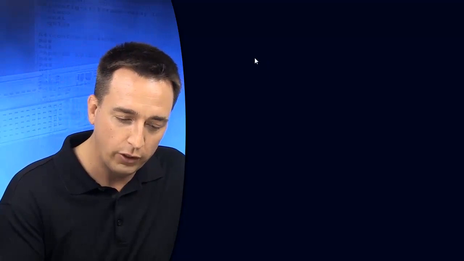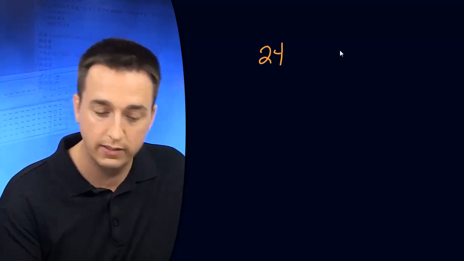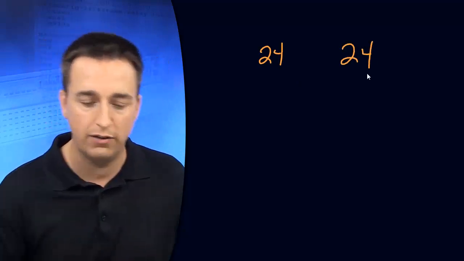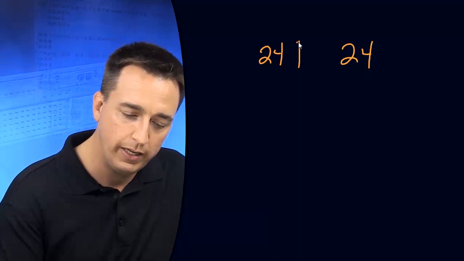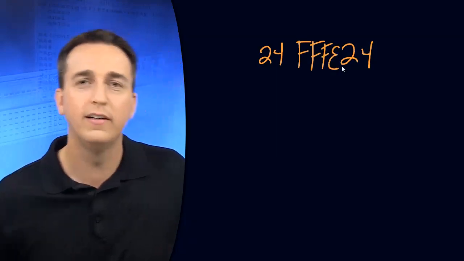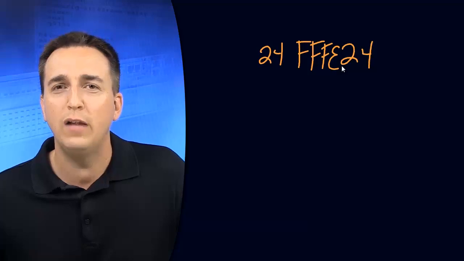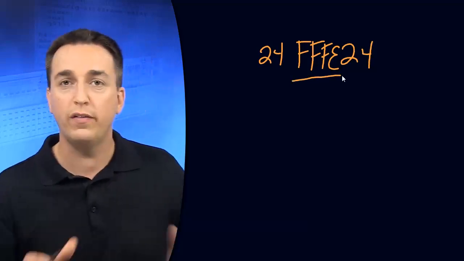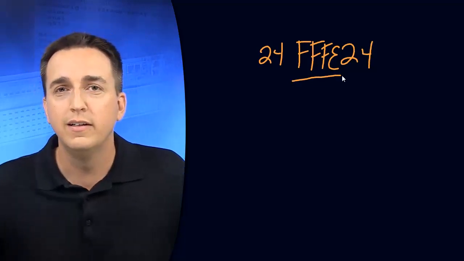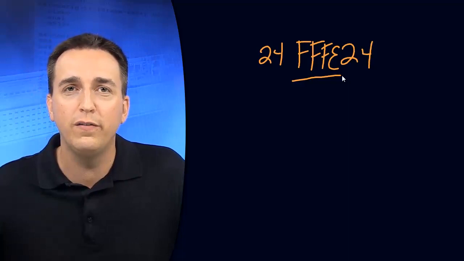So we'll have our first 24 bits of the MAC address and our latter 24 bits of the MAC address. It simply splits the MAC address in half, and then in between it fills it in with fluff. Why do I say fluff? Well, somebody once told me FFFE, which are the hexadecimal values that are put in between, they remember it by saying fill the field with fluff every time.